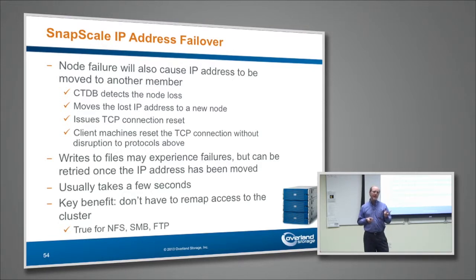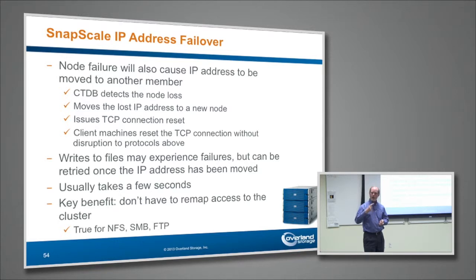So the way it does that is it senses the node failure. It knows that the node has gone down. It knows which IP address that node was servicing. It also has TCP connection information in a cluster-wide database handled by CTDB. So it then will say, all right, who can serve this IP address?